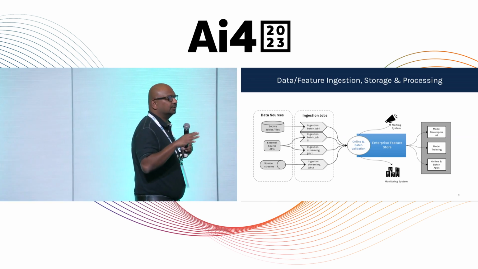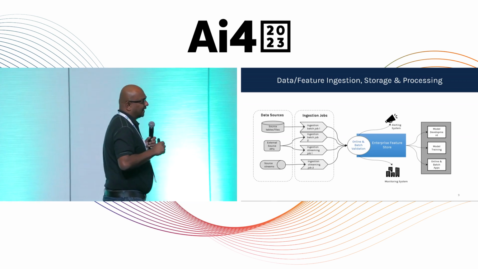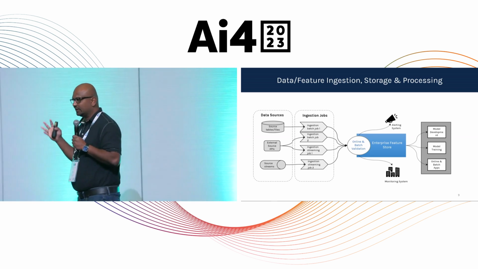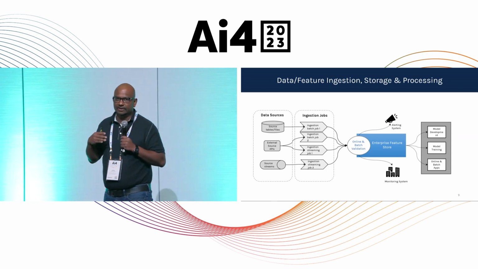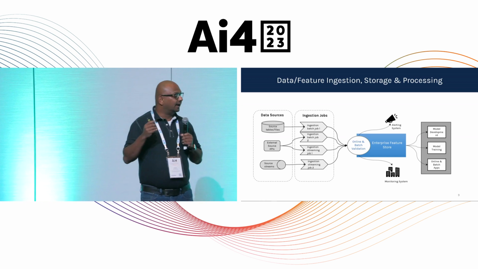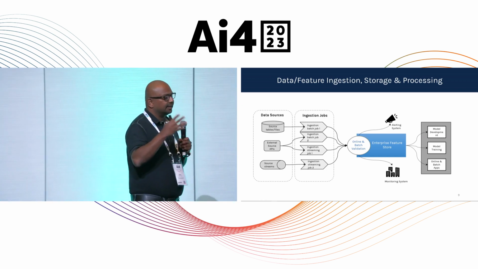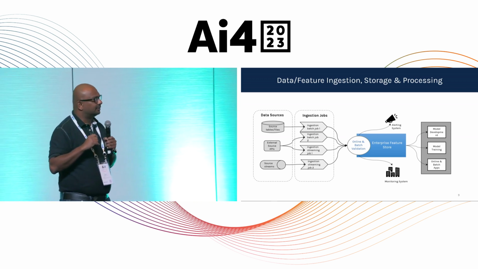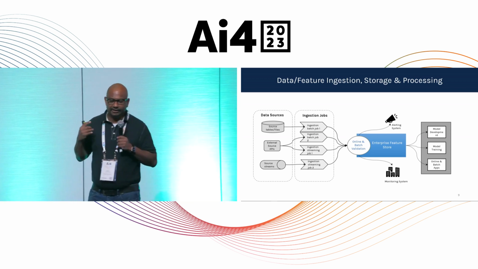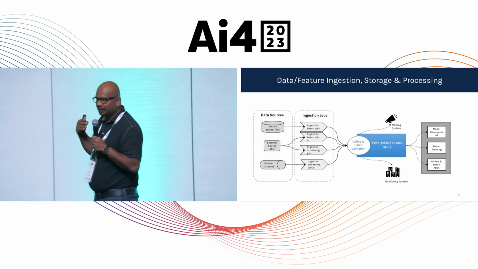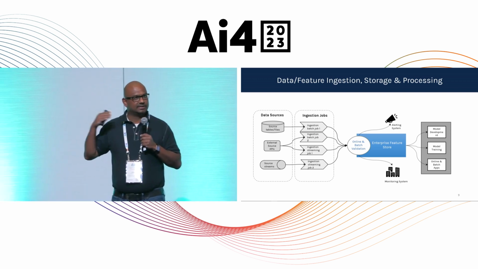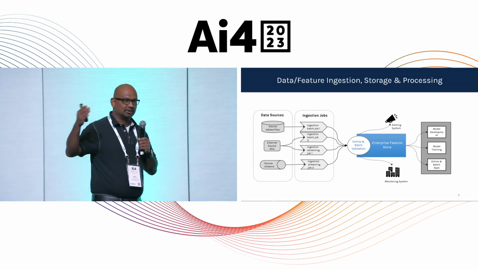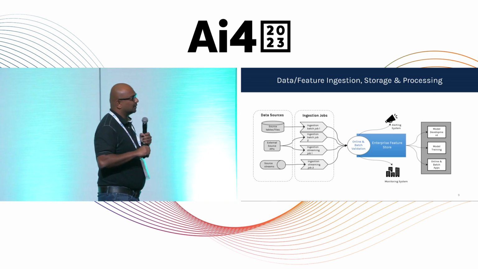One of the ways to manage the features is this data validation framework that you want to build. There are a lot of tools out there. Some public clouds actually give you this capability out of the box. And there are also open source tools like Great Expectations and Soda that can do some of this work. So what I'm trying to get at here is when you are ingesting data, you've got to make your data go through this data validation framework. So you're basically validating the data as it streams or goes into the feature store.